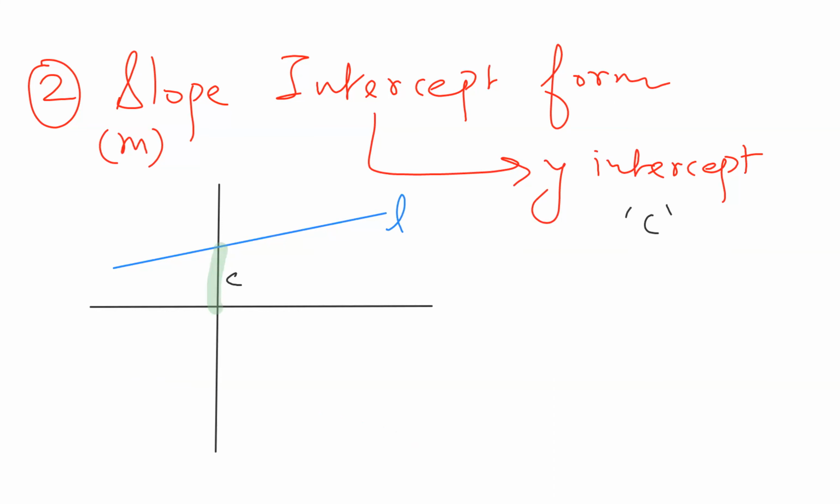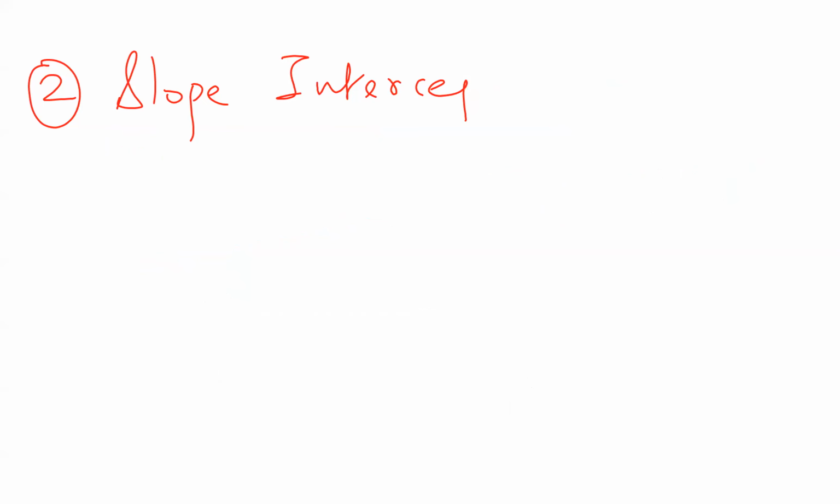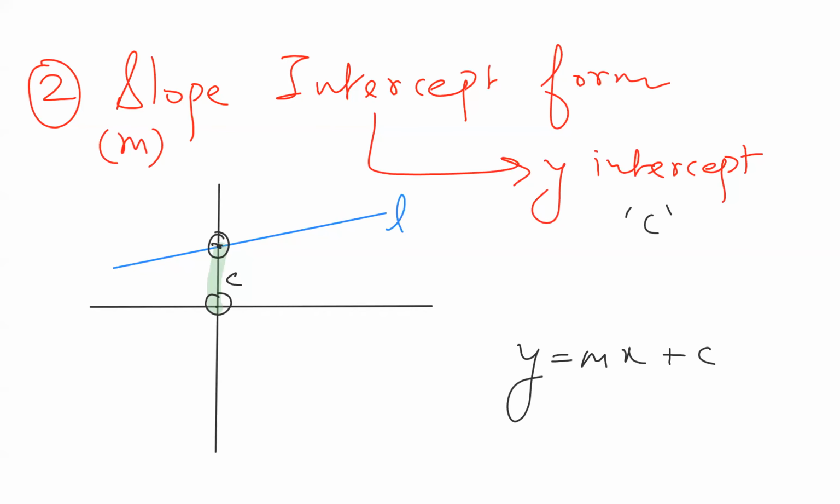Distance of the line from the origin to where it cuts the y-axis. So this distance is nothing but c. Fine. So if we know the y-intercept, if we know the slope, so by slope intercept form it is y is equal to mx plus c.